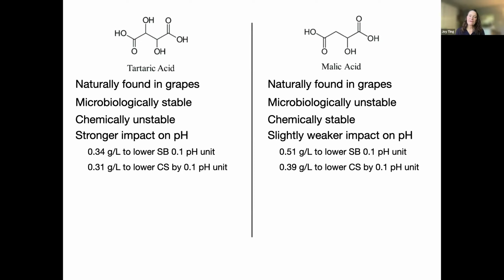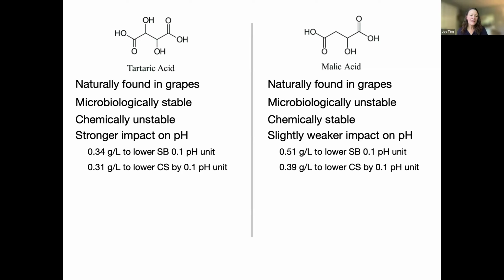Now, the relationship of needing more malic always holds, but the proportion of how much more doesn't always hold. In the same paper they reported for Cabernet Sauvignon, they needed 0.31 to move their Cab Sauv by 0.1, and they needed 0.39 grams per liter of malic. So again, the malic is going to give you less than the tartaric, but how much less isn't going to be a constant proportion. That just depends on all kinds of other things found within the matrix of the wine.